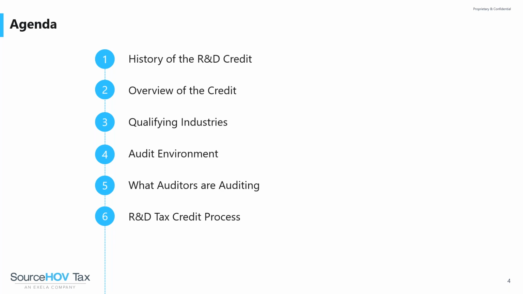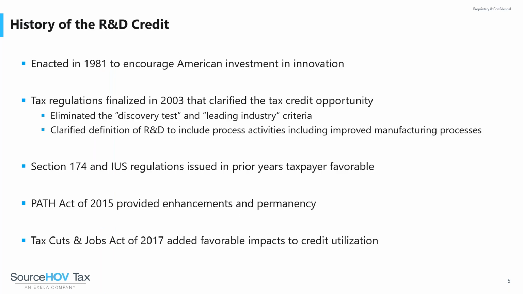Then we'll talk a little bit about qualifying industries and activities, then the audit environment, what auditors are actually auditing, and then what a typical R&D tax credit study looks like. If you guys have any questions, I believe the chat is open and Eliza will be moderating for us on that front. But barring that, we'll go ahead and get started.